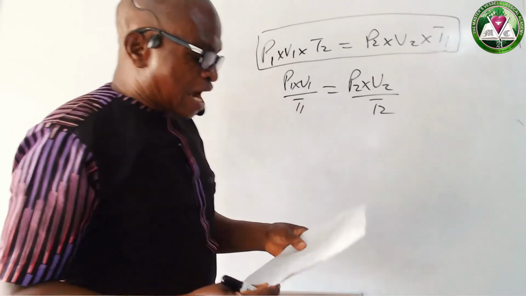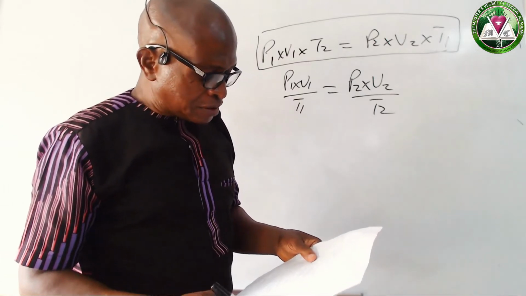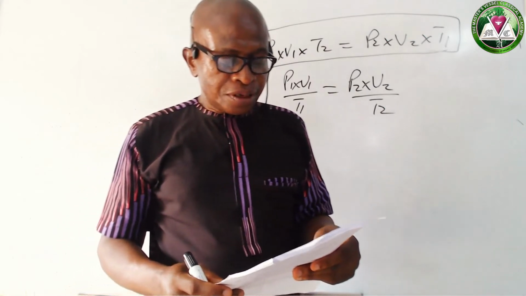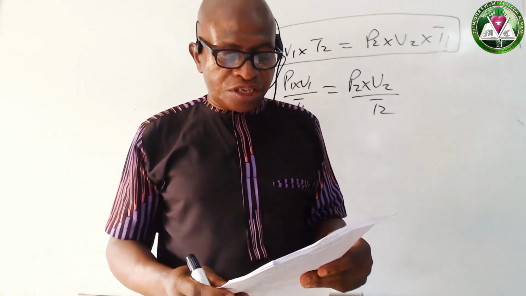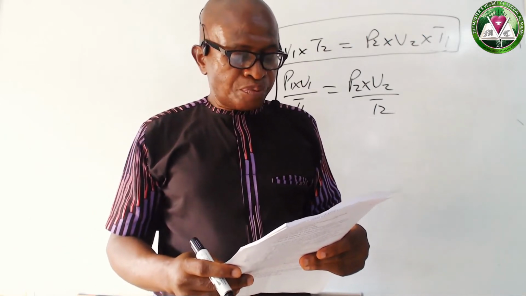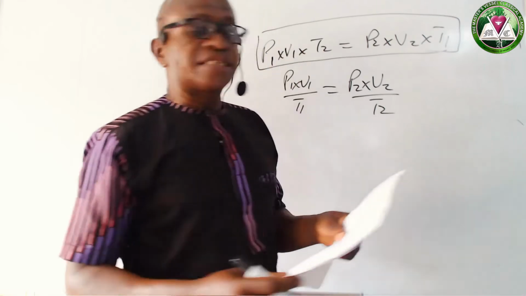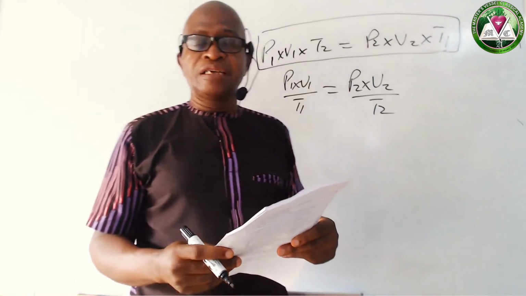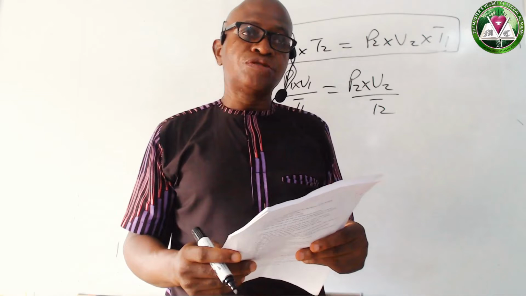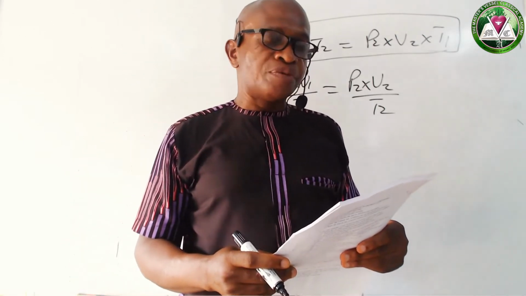Therefore, we look at number 24. Number 24 says, an increase in the pressure of a gas results in a decrease in its what? You know that Boyle's law says that the volume of a given mass of gas is inversely proportional to pressure, temperature remaining constant.